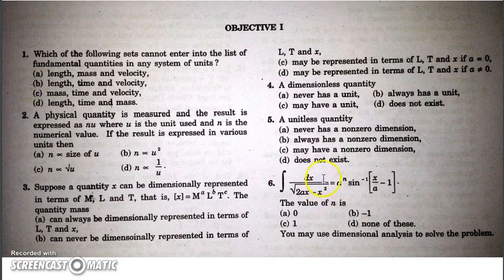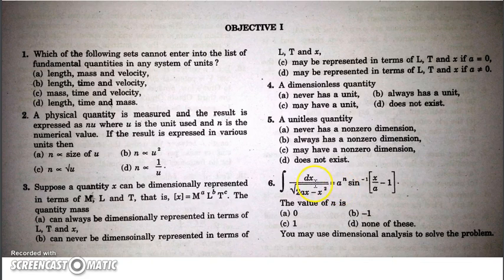So we get x in the numerator and x in the denominator as well. So this whole quantity is a dimensionless quantity. Listen very carefully. The whole quantity is a dimensionless quantity, and this a has the dimension of x.